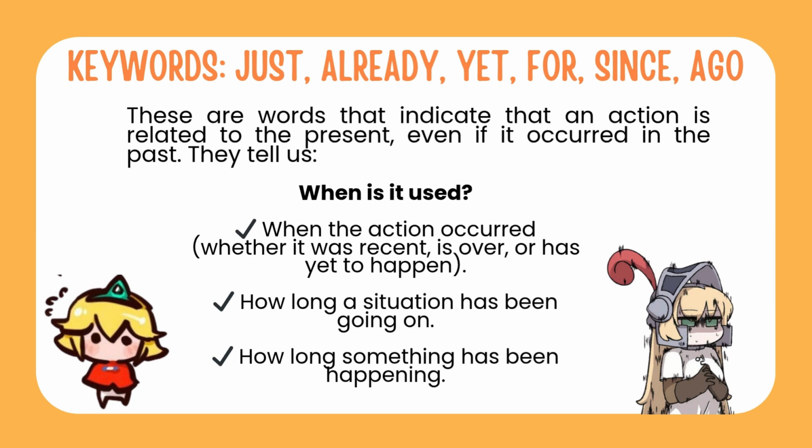These are words that indicate that an action is related to the present, even if it happened in the past. They are used when the action occurred recently, already finished, or hasn't happened yet. How long a situation has been happening. How long something has continued.